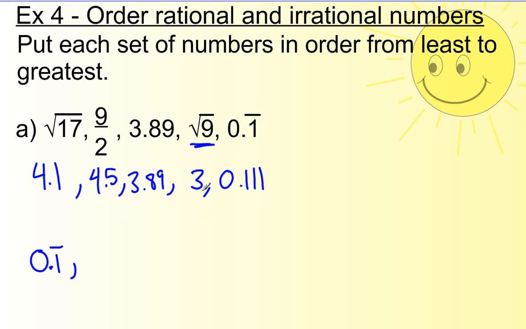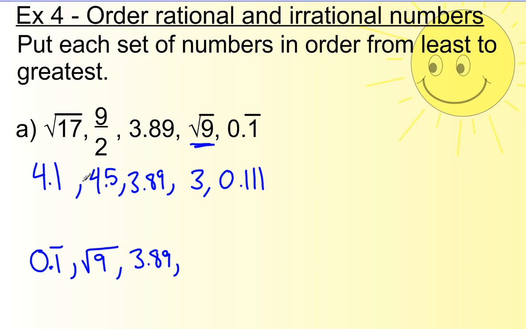Now, the next one's 4, 4, 3, 3. These two have the same whole number, but this is a 3.8 and this is a 3.0. So that 3.0 is smaller. Then 3.89.